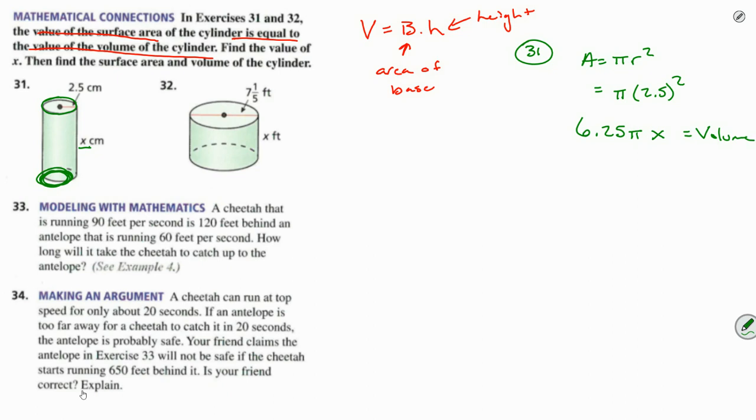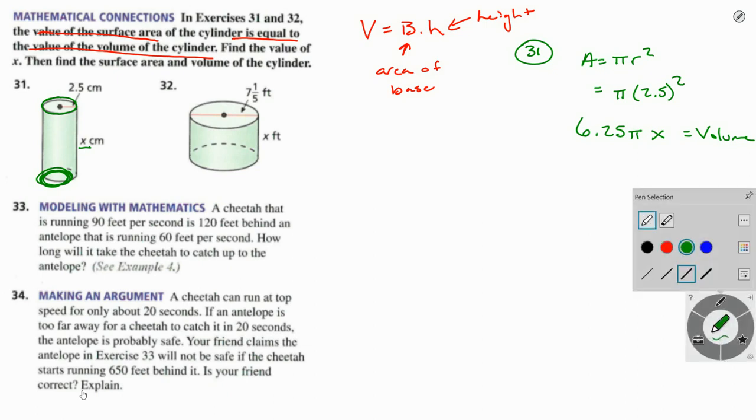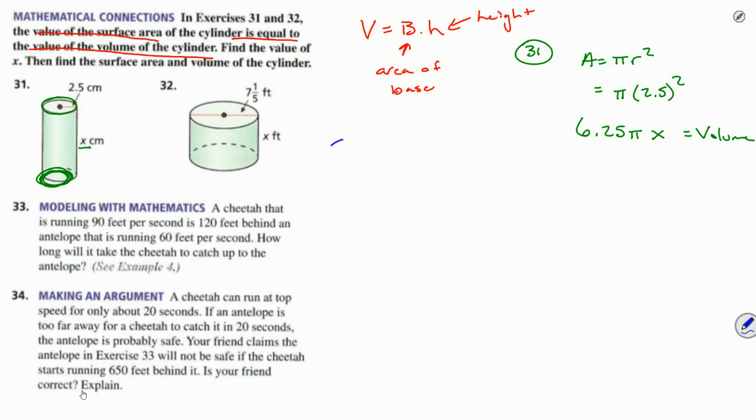Now the surface area of a cylinder. We have two circles, top and bottom, so we're going to go 2 times pi r squared, plus the height, the lateral surface.